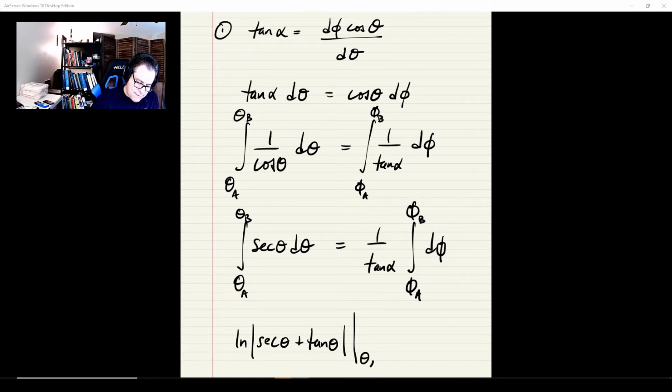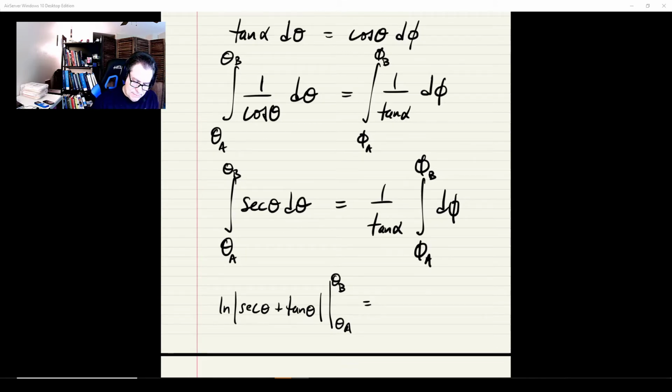So we'll say evaluated at theta A and theta B, and then on the other side, this is actually a really easy integration because that's just a factor of 1 there. So you could just say 1 times the length of the interval, or just phi, and then plug in the bounds. What you end up with, very simple here on the right-hand side.